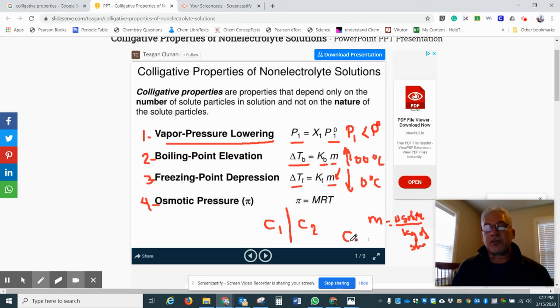Concentration 2, let's say, is greater than concentration 1. So what happens is the solvent, let's pretend it's water, will move in order to make both concentrations equal. The osmotic pressure will be the pressure you need to apply in order to avoid that water coming out to solution number 2.